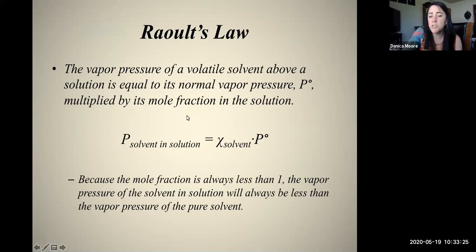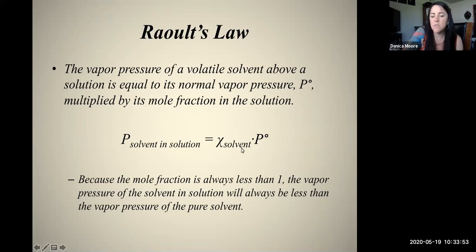So this relationship between the vapor pressure of a solution and the vapor pressure of the solvent by itself is governed by what's called Raoult's Law. The vapor pressure of a volatile solvent above a solution is equal to its normal vapor pressure, this guy, multiplied by its mole fraction in the solution.